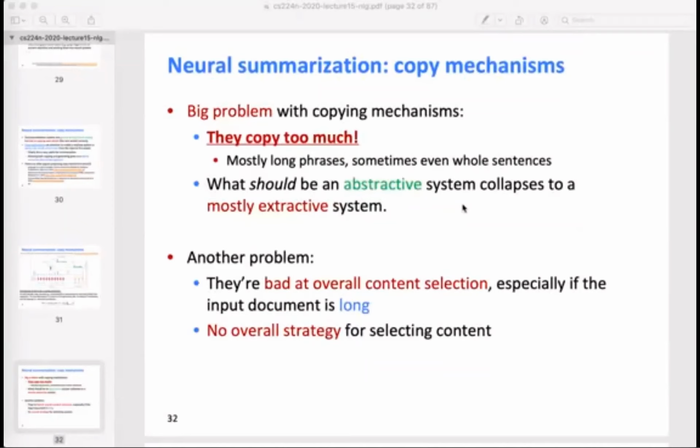Basically, there's no overall strategy for selecting content implemented in the system, right? They just look into each sentence and figure out which part of the sentence to select, and then summarize on those parts. This is actually very expensive to do and not very intuitive. So the idea later is to get a strategy to incorporate a content selection phase before doing the sequence-to-sequence attention model.